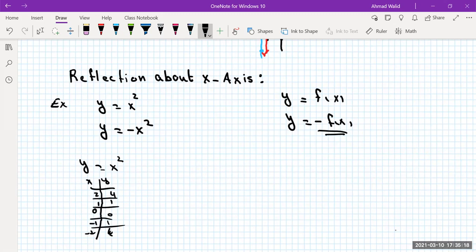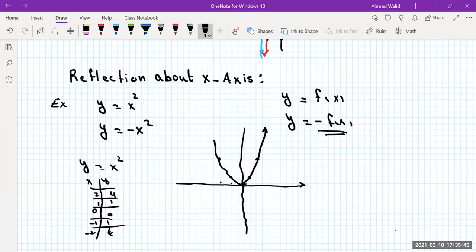Let's graph it. 0, 0, 1, 1, 2, 4, somewhere like this. 0, 0, negative 1, 1, and negative 2, 4. This is the graph of y equal x squared. How to find the reflection? Look here. Your y, change all the values to negative.